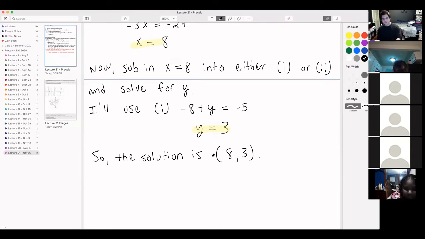I think I prefer the coordinate pair, but if you just list it out as x equals and y equals, that works too. So that's really it. So I don't think it's that bad. So we'll do another example. All right, so any questions before I move on to another example of substitution?